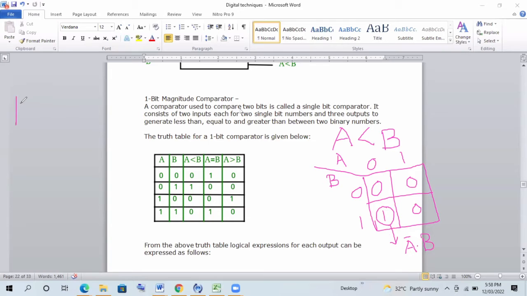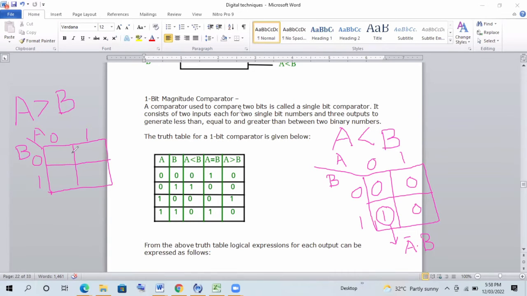Then for A greater than B, you can again draw the K-map. Here are the two inputs A and B. A can be either 0 or 1 and B is 0 and 1. Okay.